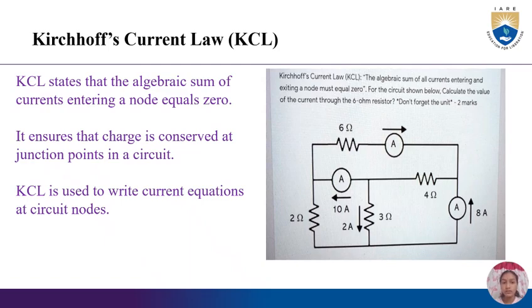It ensures that charge is conserved at junction points in a circuit. KCL is used to write current equations at circuit nodes. So it helps to write current equations at different nodes. Here is a diagram which we can solve by using KCL.